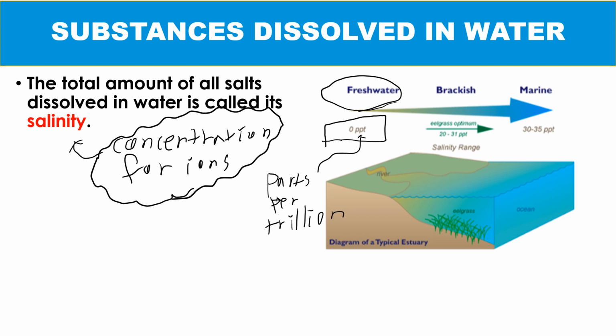If we have about 20 to 31, a certain level of concentration, we call it brackish water.